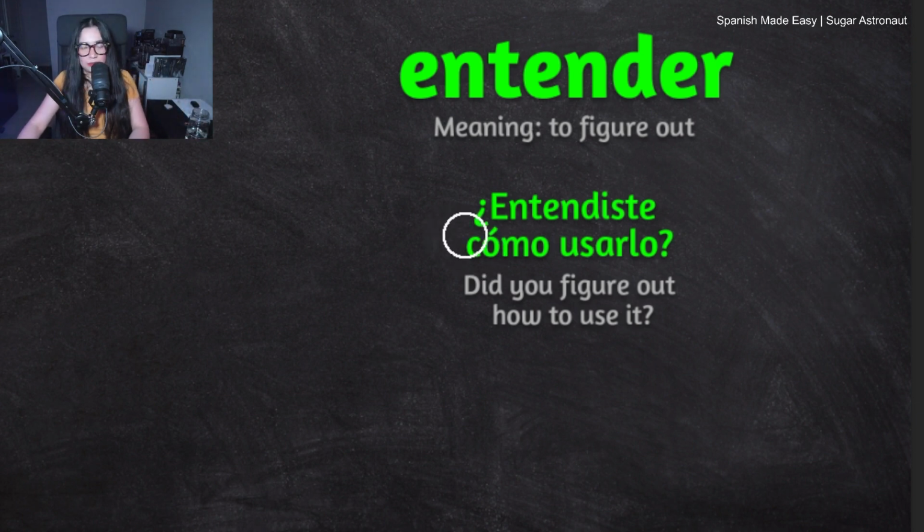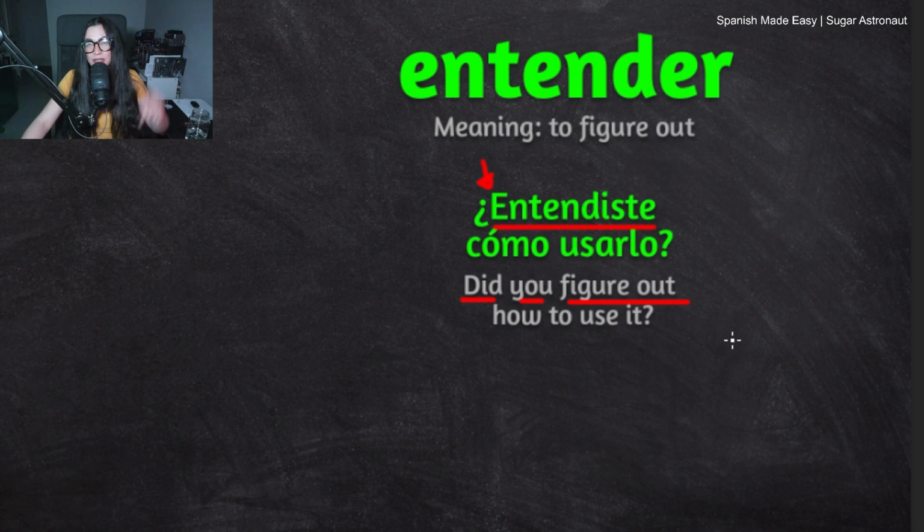Okay, so let's break this down. Let's see how this question works. ¿Entendiste? Means did you figure out? This is quite interesting. Obviously, we don't have a personal pronoun here. Tú entendiste. We don't need to say tú.